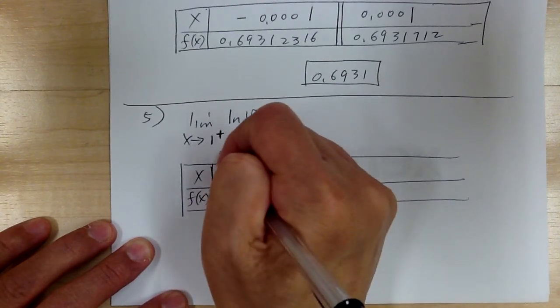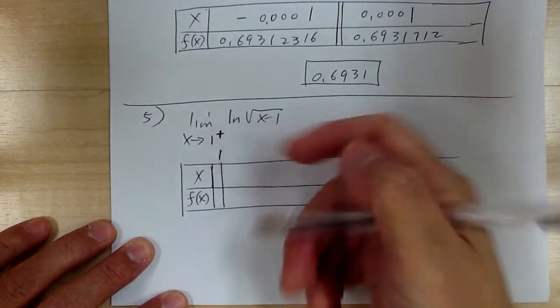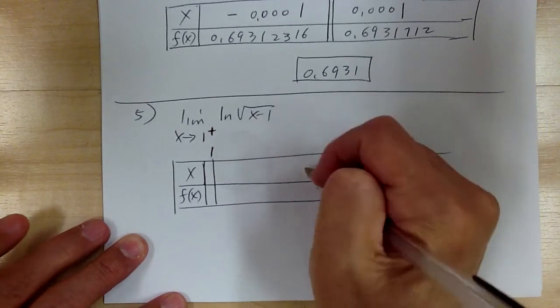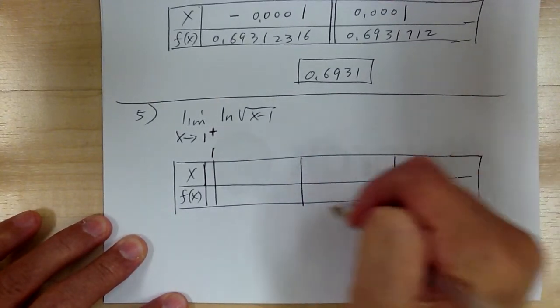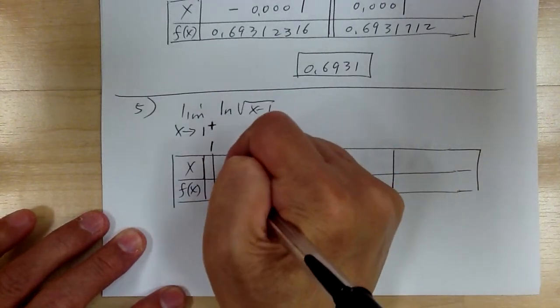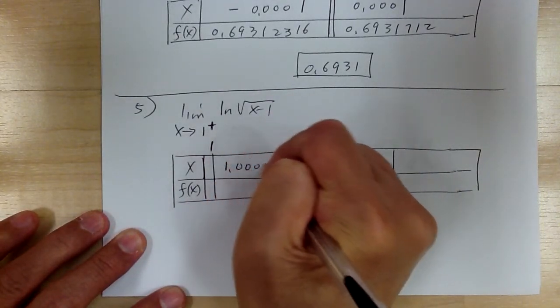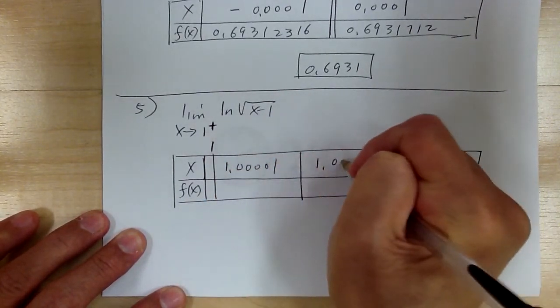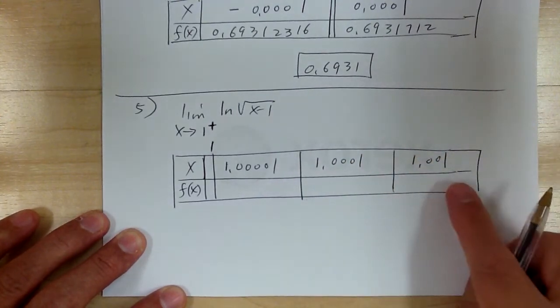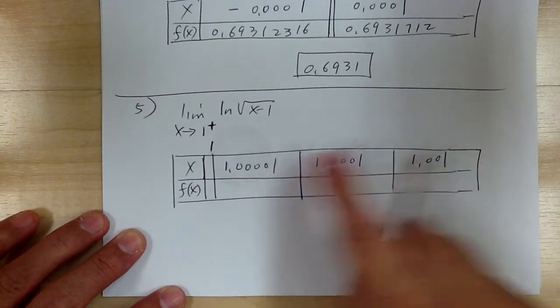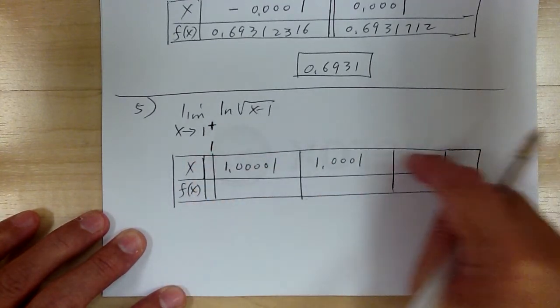So here is your 1, right? And you're coming from this side. So you want to get closer and closer. So I'm going to get 3 values to make it clearer. So you got 1.00001, 1.0001, 1.001. Okay, so you can get closer and closer. Again, you want to approach 1 from the positive side.